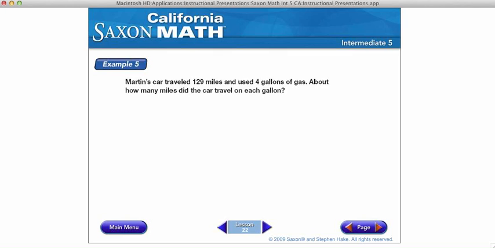So while I could take this 129 and round it all the way down to 100, because I know that 100 is divisible by 4, I'm going to look for what we call a compatible number.